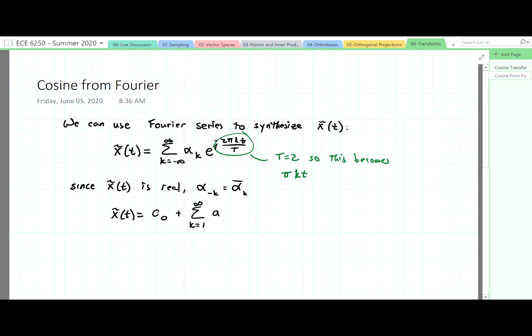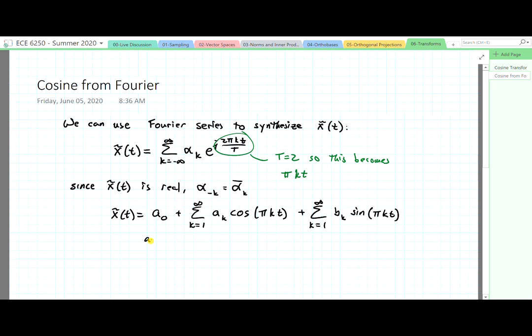I'm going to change this to a because they're not the same anymore. They're actually related by a factor of 2 or 2j depending on what we're looking at. 2 pi kt plus, since the complex exponential is made of cosines plus I sine, we can just pull out the sines and the cosines separately.